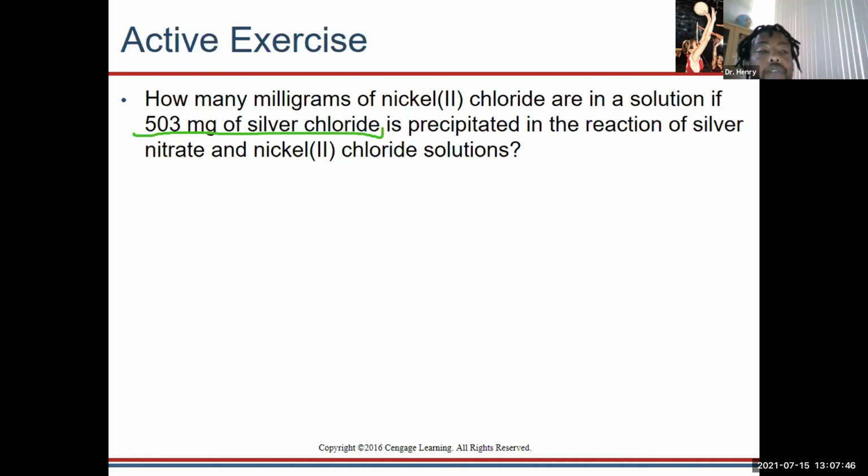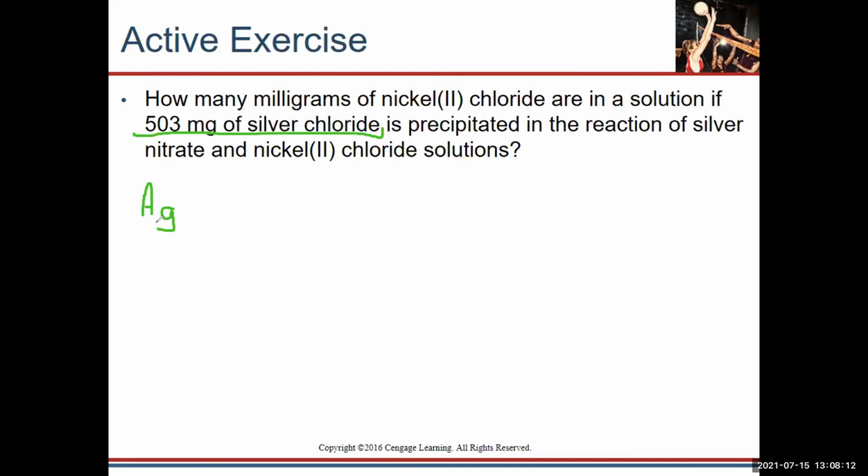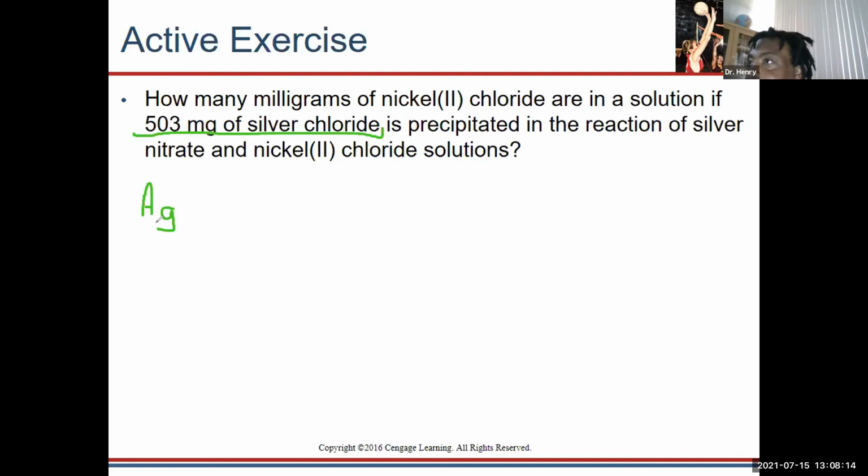Okay, so silver nitrate would be silver, Ag, and nitrate, NO3. Use your polyatomic ion tables. Okay, nitrate.